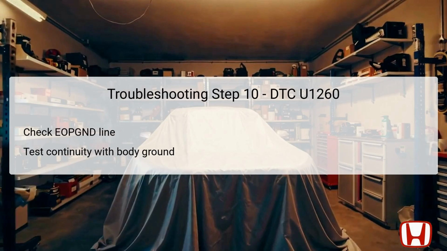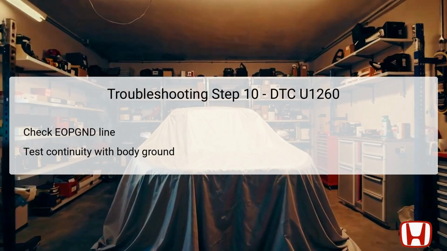The 10th troubleshooting step requires checking the EOP-GND line to confirm if there exists an open circuit. Set the vehicle to the off mode. Using the multimeter, perform a continuity check between the designated test points of the EOP-GND line and body ground. This helps in determining if the ground reference, which is vital for the overall system to function correctly, is intact.